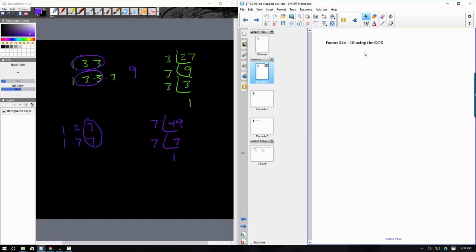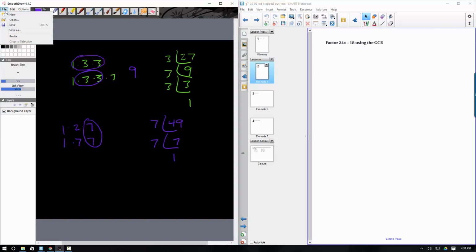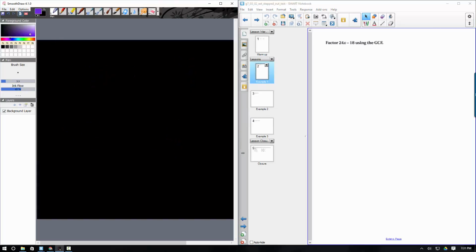And the reason why we do this is because I'm looking for the greatest common factor to take out of this. I want to factor this out. So I first want to think, what can I take out of 24 and 18? So I'm going to do prime factorization of 24, which would be 2, 12, 2, 6, 2, 3, 3, 1.